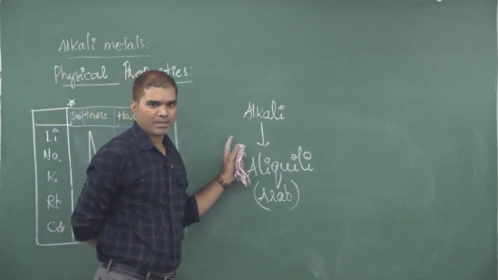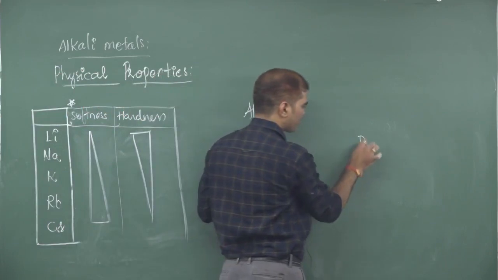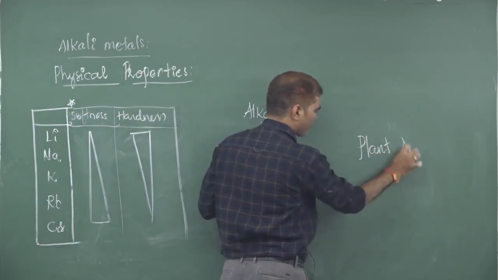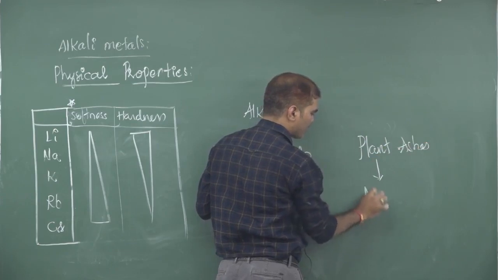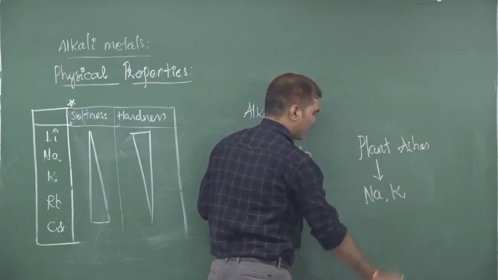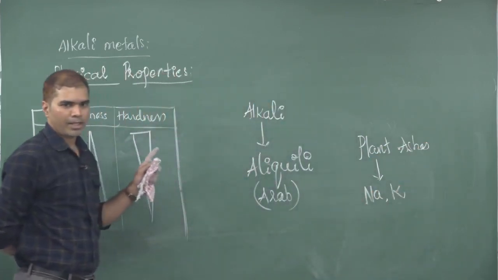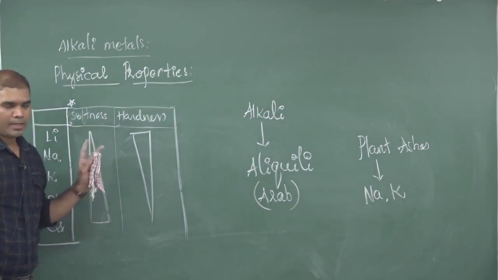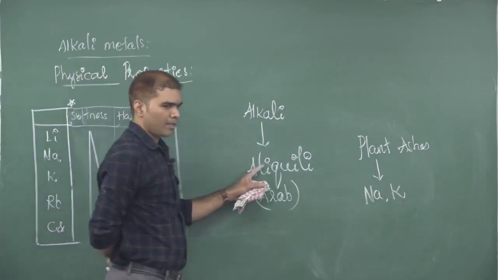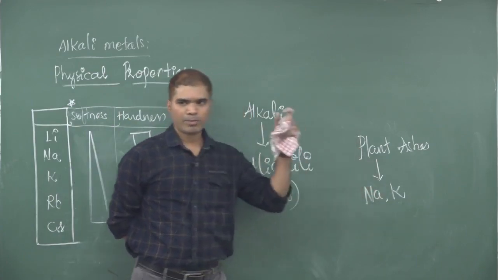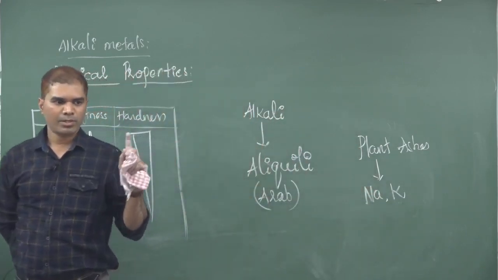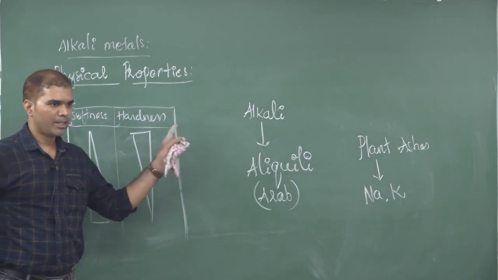Aliquili means? See, from plant ashes, they have isolated some compounds. These compounds mainly contain sodium and potassium, and they call it Aliquili. Aliquili means plant ashes from which sodium and potassium compounds have been isolated. So based on that, we got the name alkali metals.